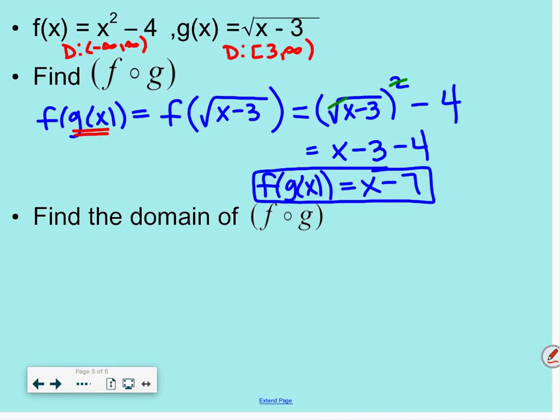So g of x has a domain of 3 to infinity. Our result would have a domain of all real numbers, but we have to look at where those overlap. So our domain for the composition would be 3 to infinity.